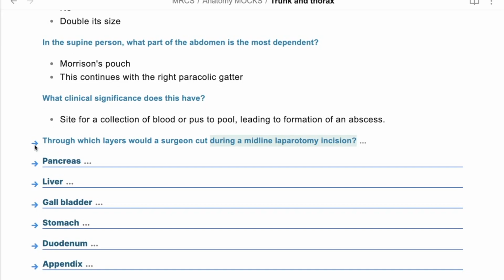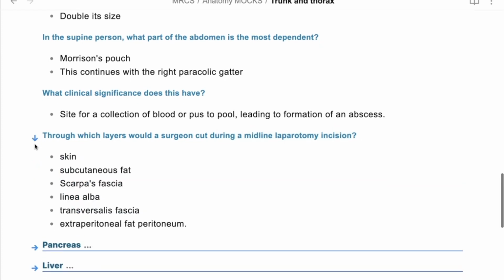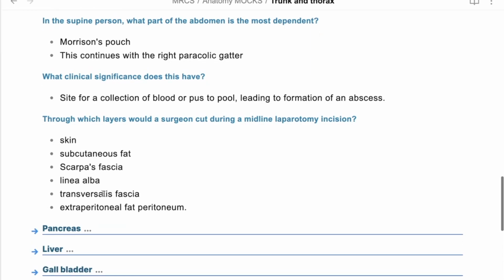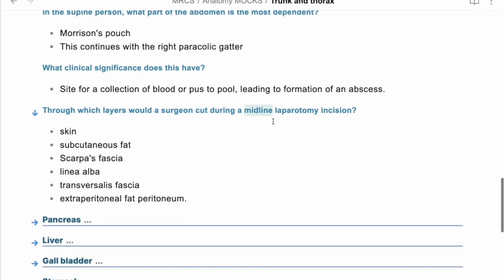Sorry, rectus abdominis is not in the midline. And transversalis fascia, and then peritoneum. Right, a few things to add, but well done. You've mentioned all of them apart from the Scarpa's fascia. And obviously, the rectus abdominis muscle is not one of them. We're talking about the midline laparotomy, not the paramedian laparotomy.